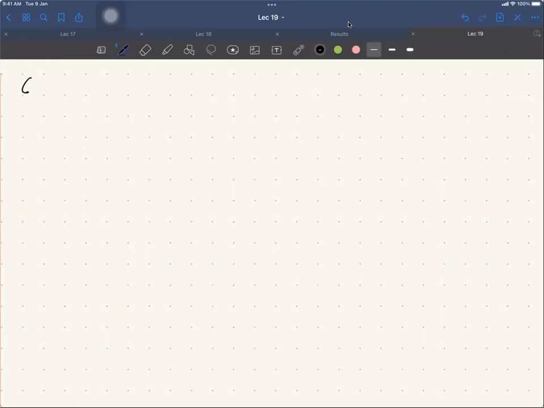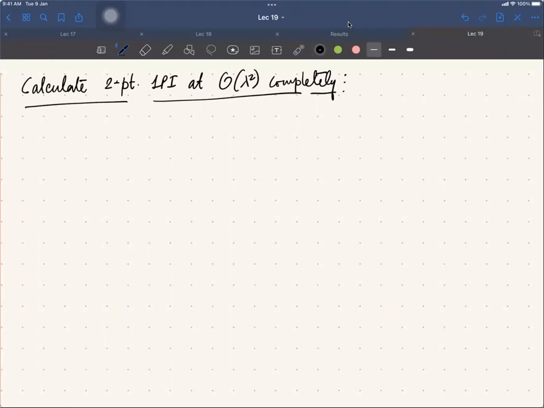So what we are trying to do now is to calculate the 2-point 1PI function at order lambda square completely. And the first term to calculate is this one.